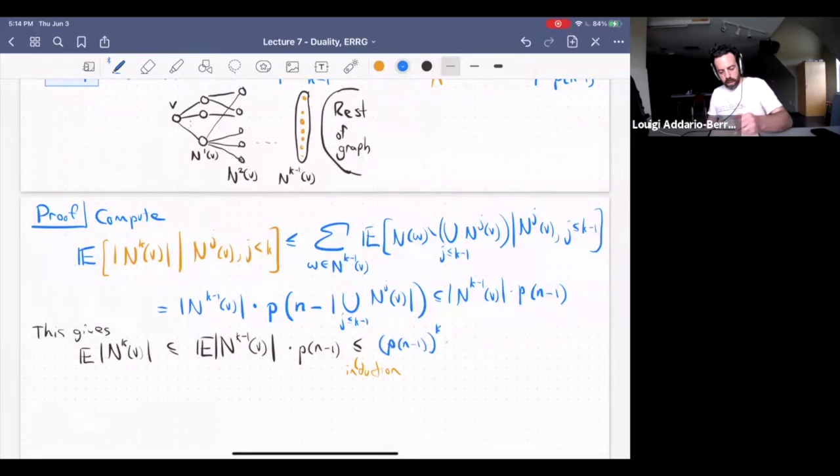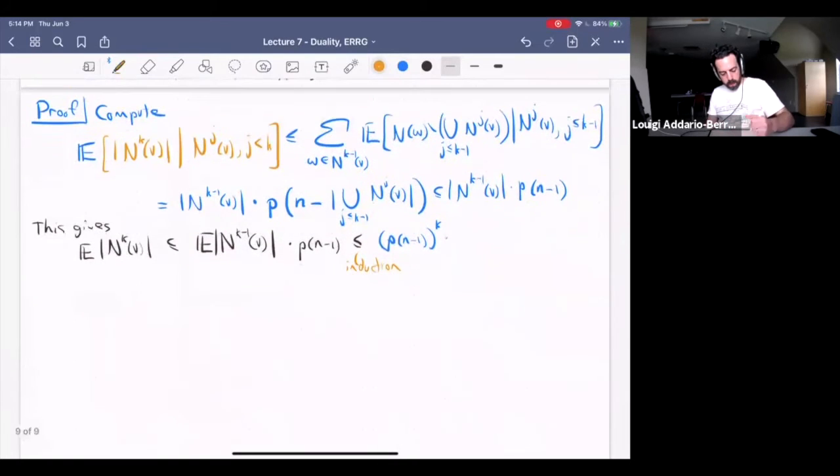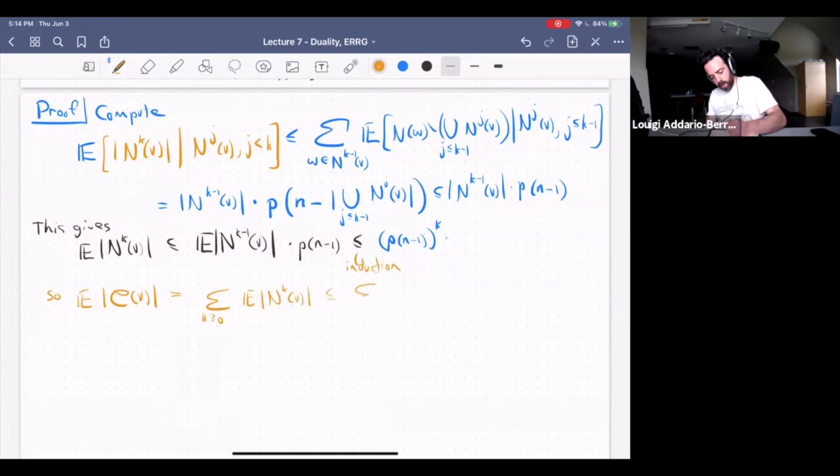Well, we know that the size of the component containing v is just the sum over neighborhoods of the expected size of the kth neighborhood. So that's at most the sum of (p(n-1))^k, which is 1 over 1 minus p(n-1).